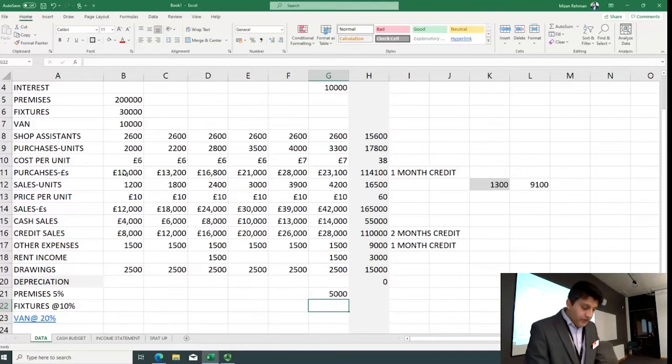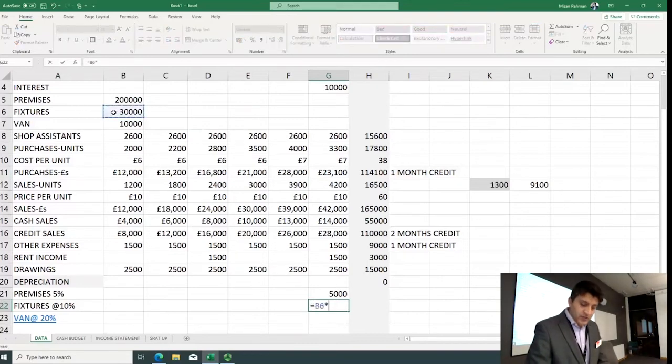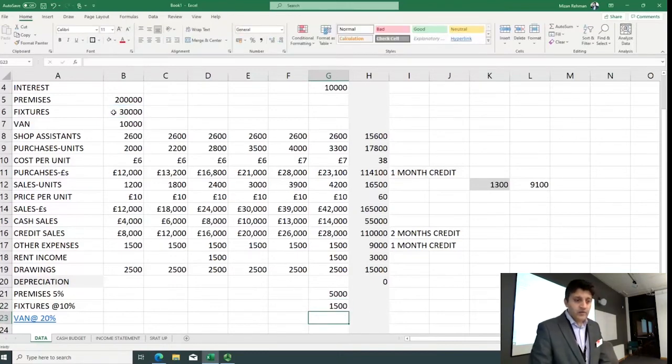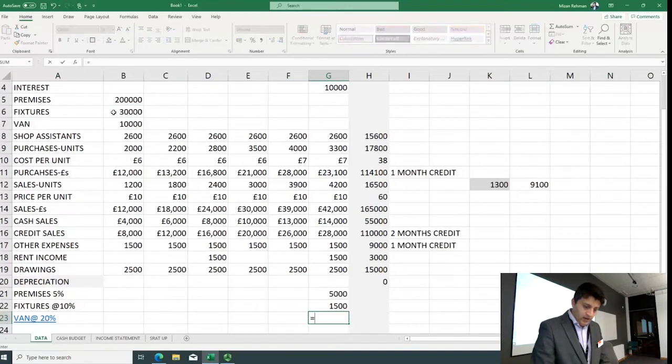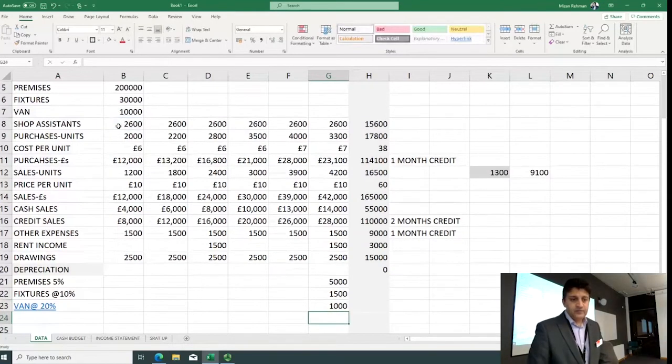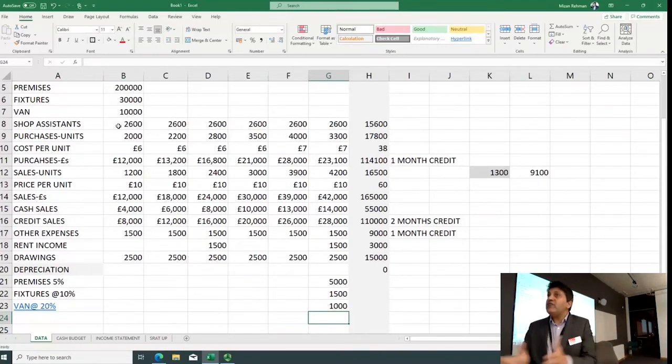Okay. Fixture, 30,000 times 0.1 times 6 divided by 12. And then 10,000 times 0.2 times 6 divided by 12. So every year we bought these assets, we did not expense them, but every year we will expense this much, and eventually in the relevant time periods, 20, 10 and 5 years, all of the cost would be consumed, all of the depreciation will be charged.